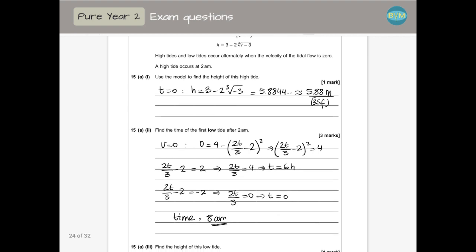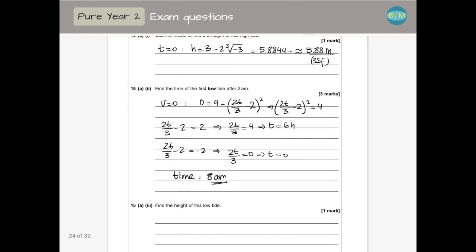Then it says, find the height of this low tide. We know t is 6, not 8. 8 is the time of the day when it happens, but t is 6 hours after we start counting the time. So to find the height, we just substitute 6 in our equation for the height.